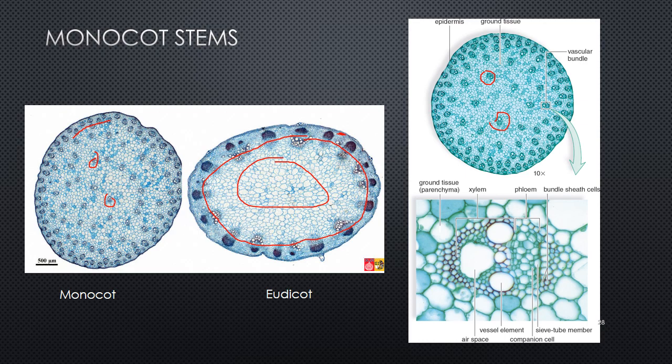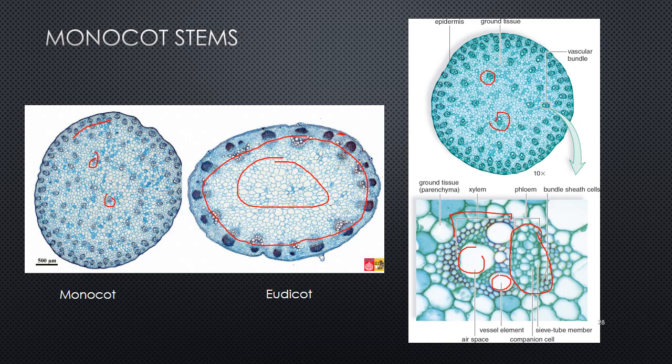Typically speaking, the portion that's facing the inside, the center of the stem, contains the xylem. So we have large air spaces, and then we have large vessel elements, and then the portion towards the outside of the stem is the phloem.